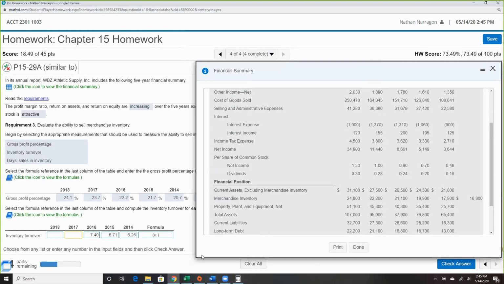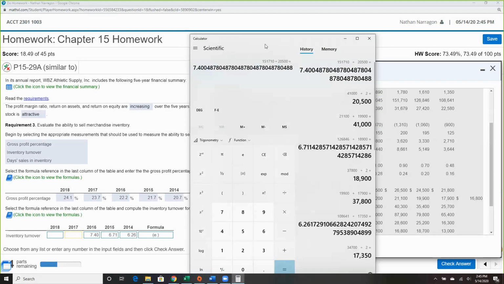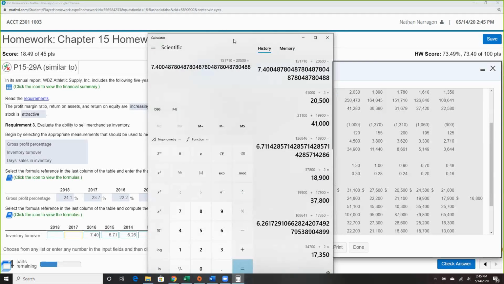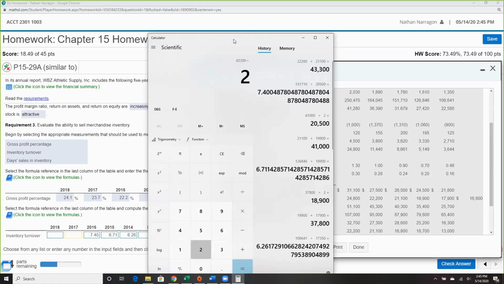Okay, 17. We take the 22,200 plus the prior, divide by 2.